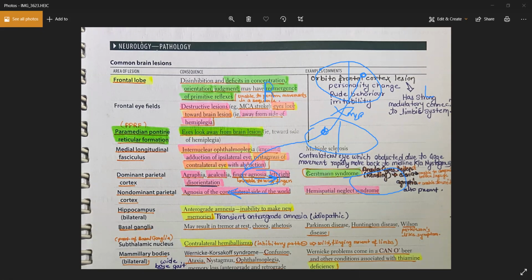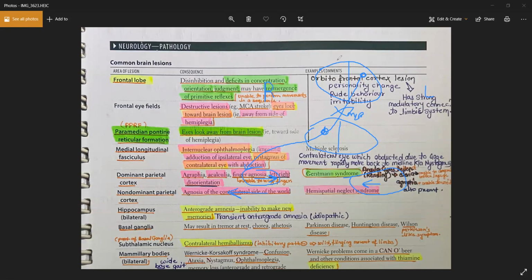If you want to look on the right side, the abduction of this right eye happened, but the adduction of this left eye didn't happen, and as a result, the brain will detect it, and when the brain tries to correct this condition, it will cause a nystagmus of this eye towards the medial side. Is that okay? Nystagmus is always opposite to the side of lesion, right? Which means in the direction of the correction, right?